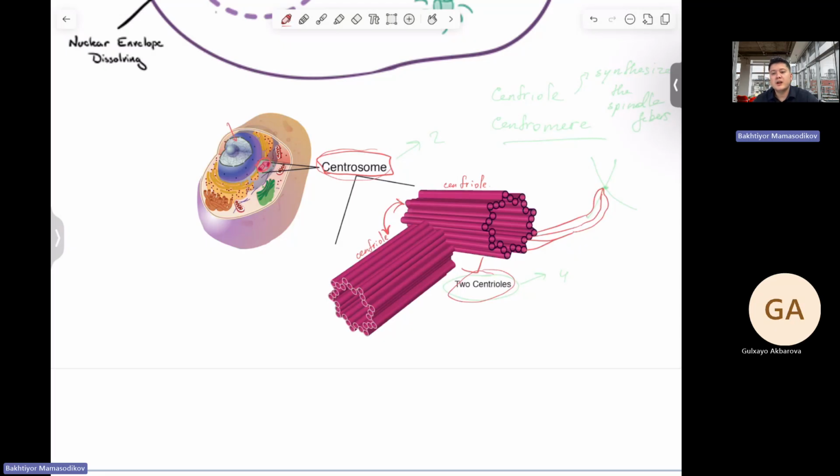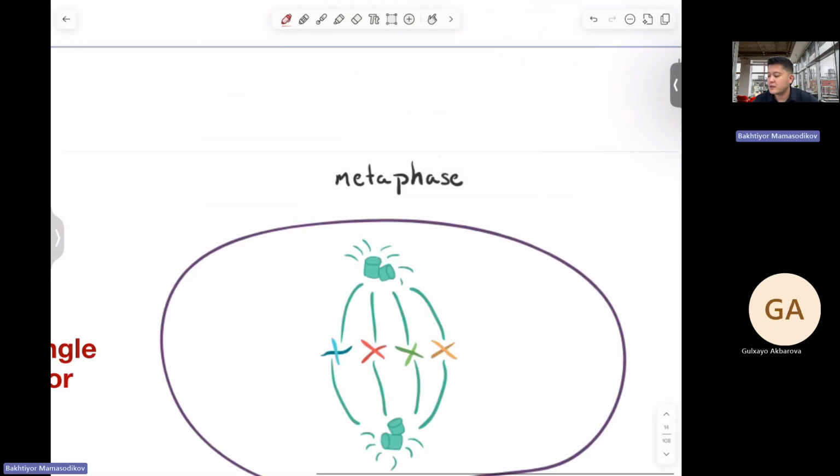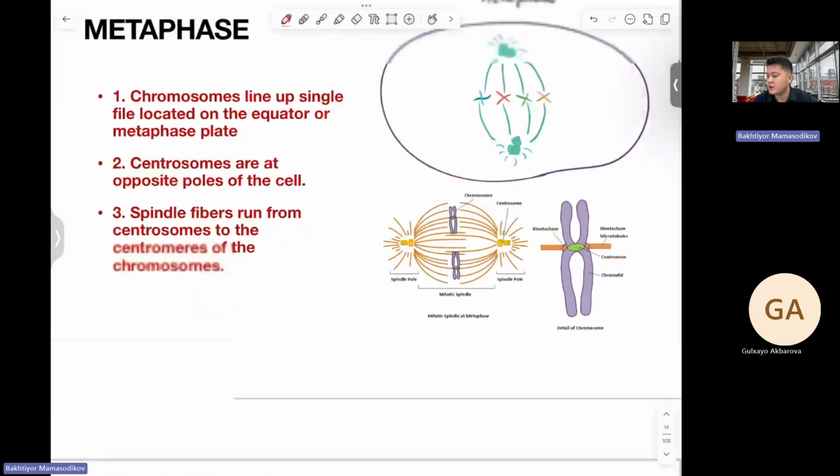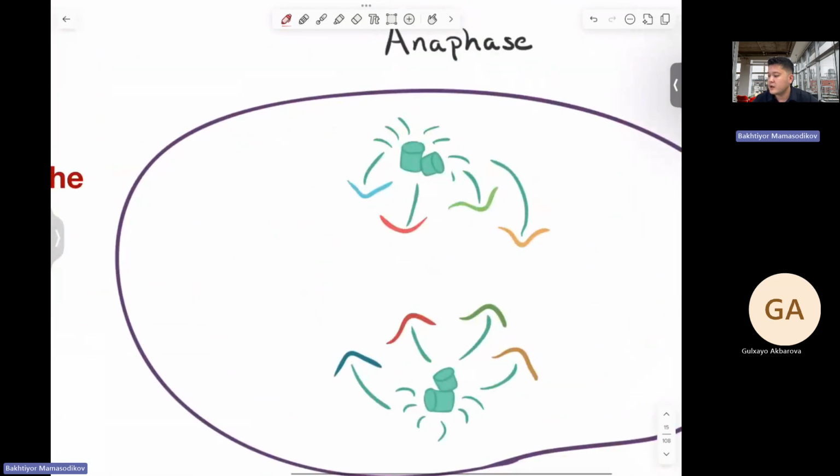They pull the sister chromatids apart. One centriole is going to pull one chromatid to one pole. The second centriole is going to pull to another pole, okay? This is in the illustration I can show you. These are the spindle fibers, which are made by centrioles. Totally, we call it centrosomes.